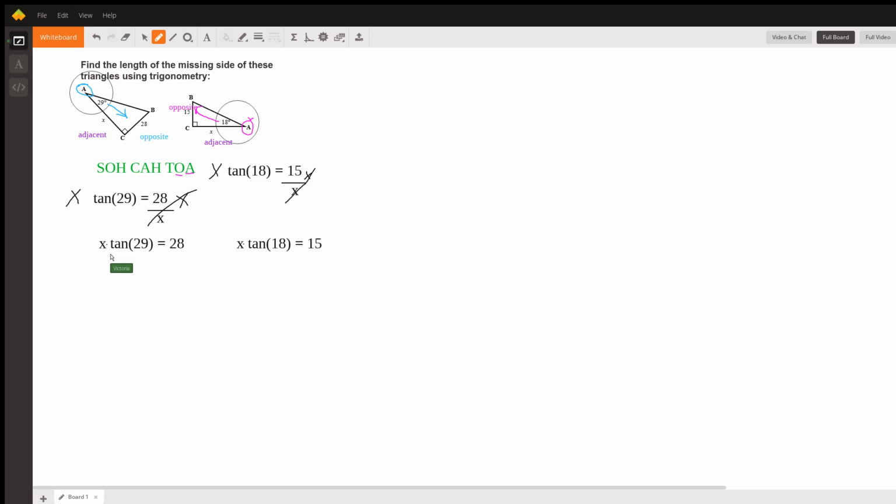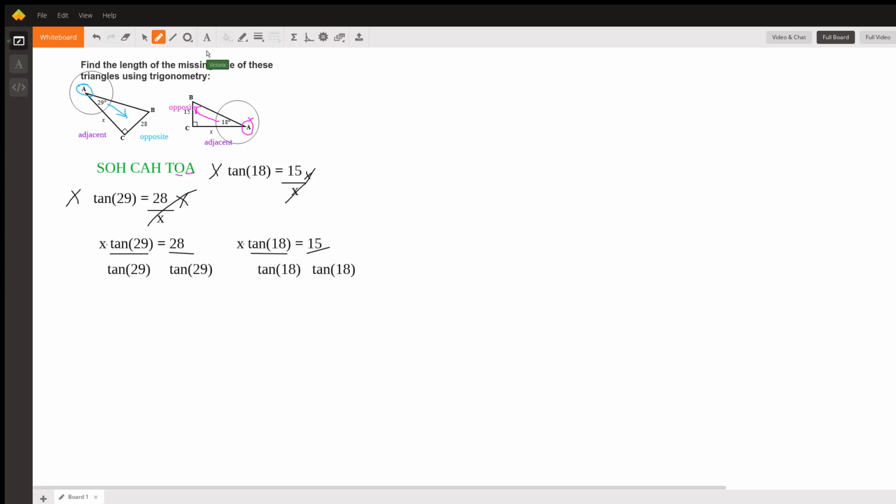We will divide everything by the tangent of 29. Or if we're on this problem, we're going to divide everything by the tangent of 18. If I divide this side by the tangent of 29, I have to divide the other side by the tangent of 29. And the same for 18.